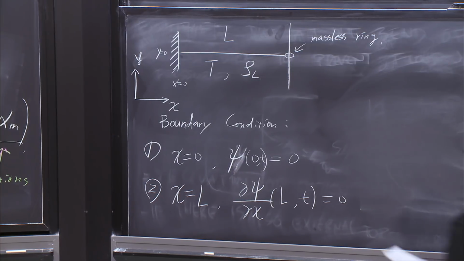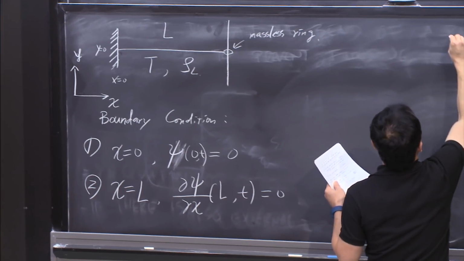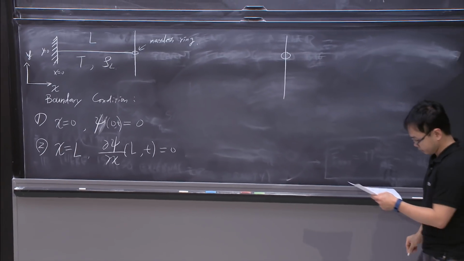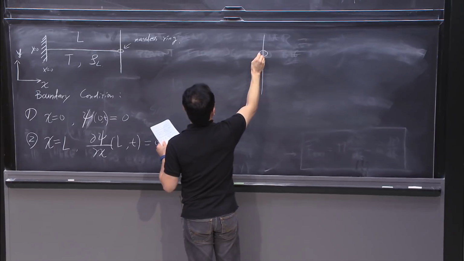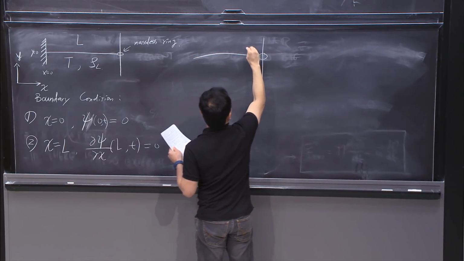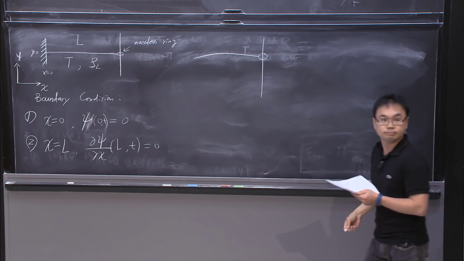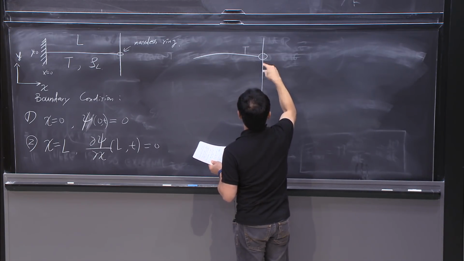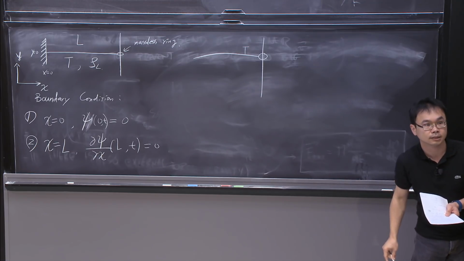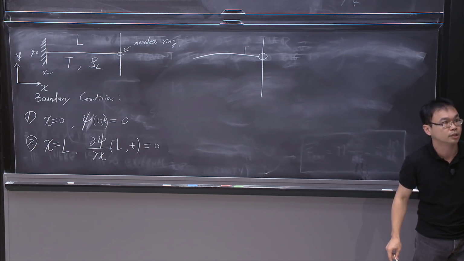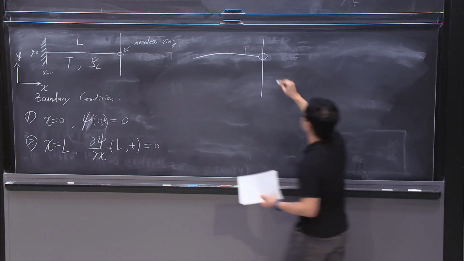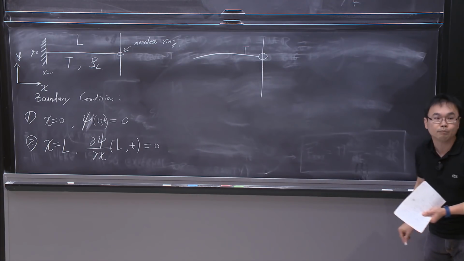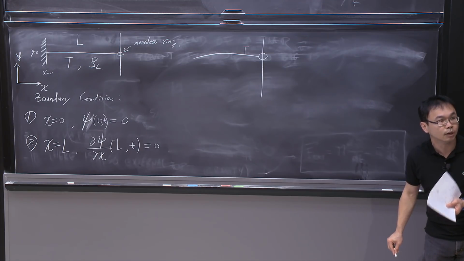Suppose I focus on the force diagram on this ring. This ring is connected to a string with string tension T. There's another force which is trying to balance the string tension, which is the normal force coming from the rod, which is trying to stop the ring from moving in the horizontal direction.